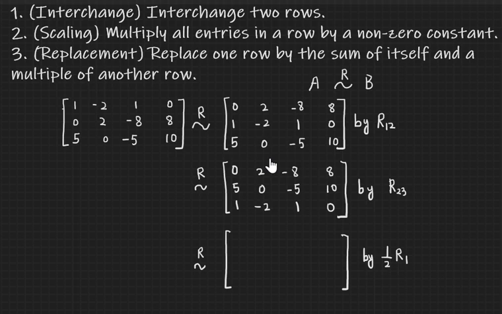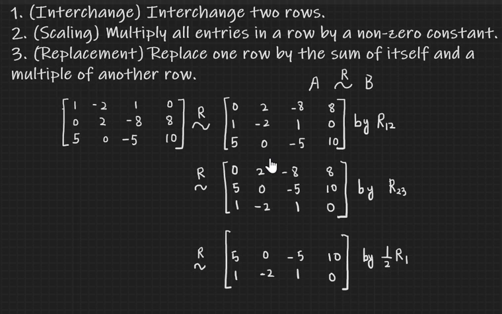So row 2 will remain the same, row 3 will remain the same, and we will now replace the first row by 1/2 times row 1.